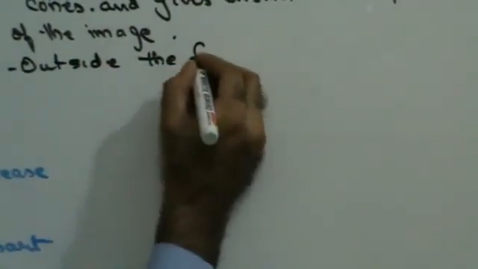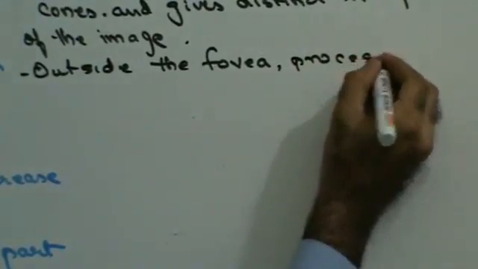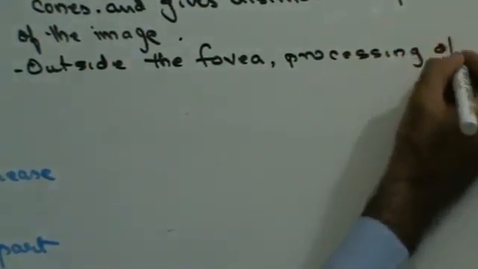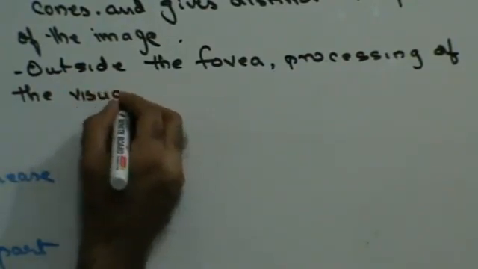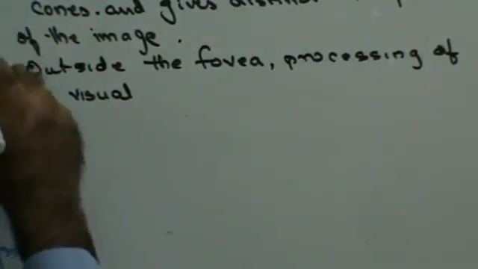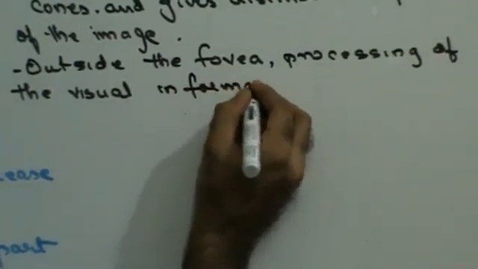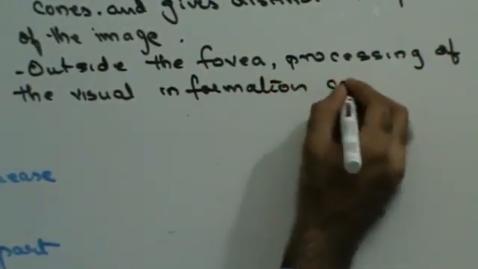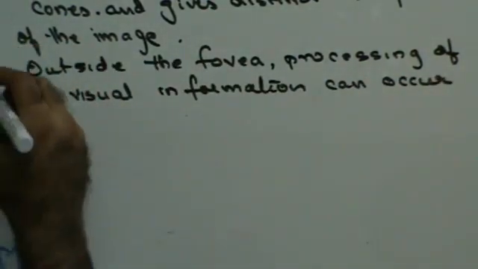So you can say that outside the fovea, processing of the visual information occurs within the retina.